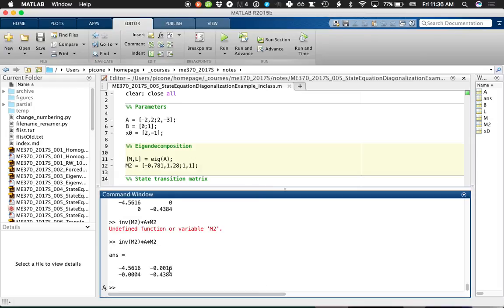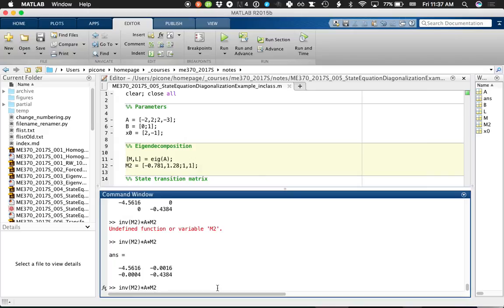Okay, so we're getting a little bit of rounding issues here. It's not quite diagonal, but it's pretty close to diagonal, and it's pretty close to our lambda matrix. This is our first eigenvalue. This is our second eigenvalue. So that's good. Diagonal would mean it has zeros on the other entries. These should be 0, but you see how there's some rounding.